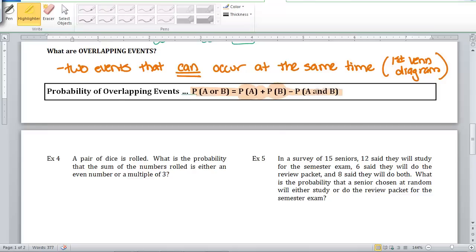Therefore, we also have to subtract out the probability of drawing both a club and a 2, so the probability of both events happening at the same time. That way they'll only be included once.